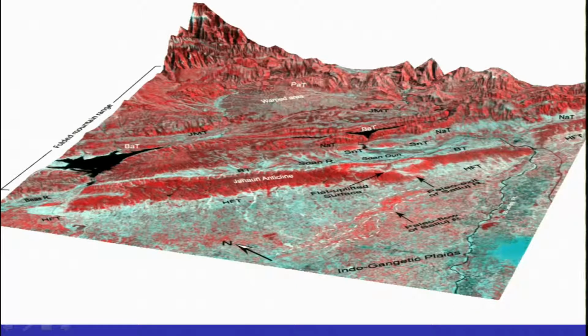So, what we found was that of course there is the elevation change here, and this portion is a very flat area which is sitting on the top of the anticline, and then we have a basin, or we can say this is an intermountain valley between the two mountains. And further, if you move ahead, this area which we have marked is a warped area, and this we interpreted based on the drainage.